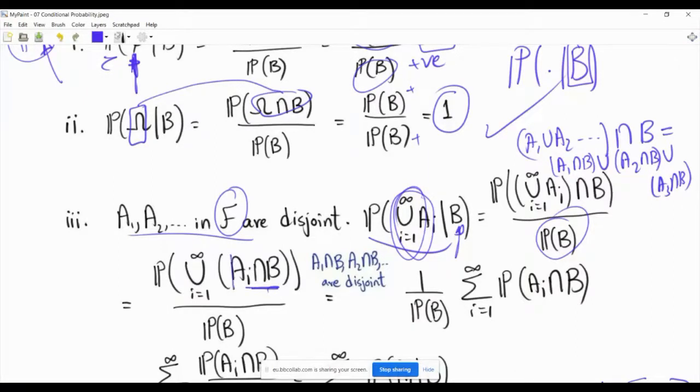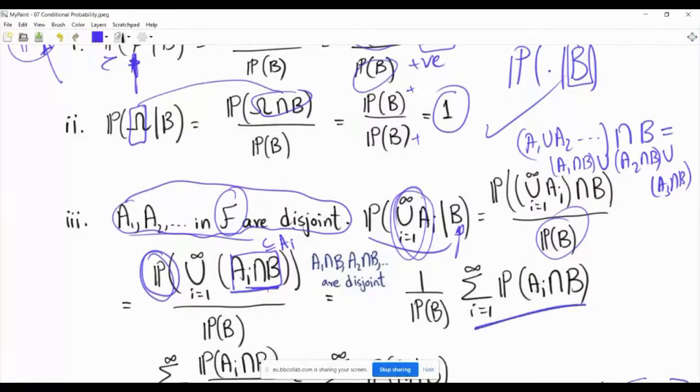Now note that each intersection A_i intersect B is a subset of A_i, and the A_i are disjoint, right? When we check whether something is a probability measure, we take our subsets to be disjoint. So the sets A_i intersect B are disjoint, and you can apply the rule for the original probability measure: the probability of this union is the sum of probabilities.